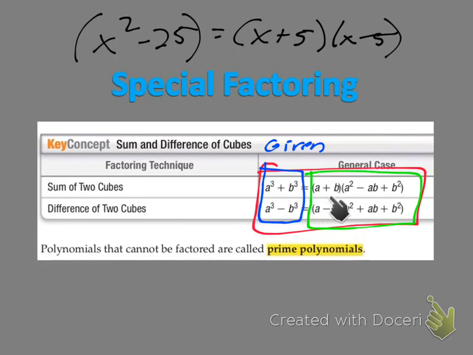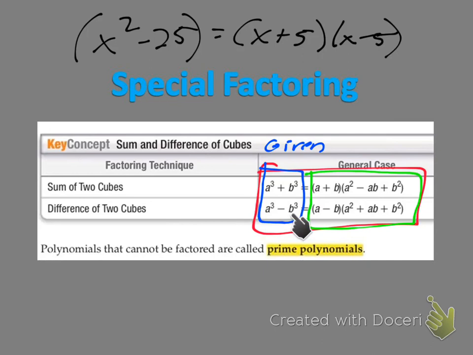Now, this is the side you've got to memorize. And if you notice, it's actually pretty easy. It looks kind of complicated, but it's pretty simple. Your letter pattern stays the exact same for both: a, b, a squared, ab, b squared. The sign that you start with is the sign that goes in your binomial.